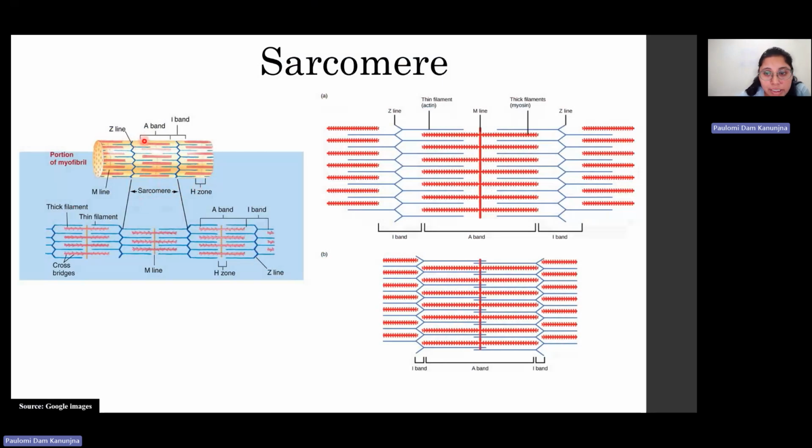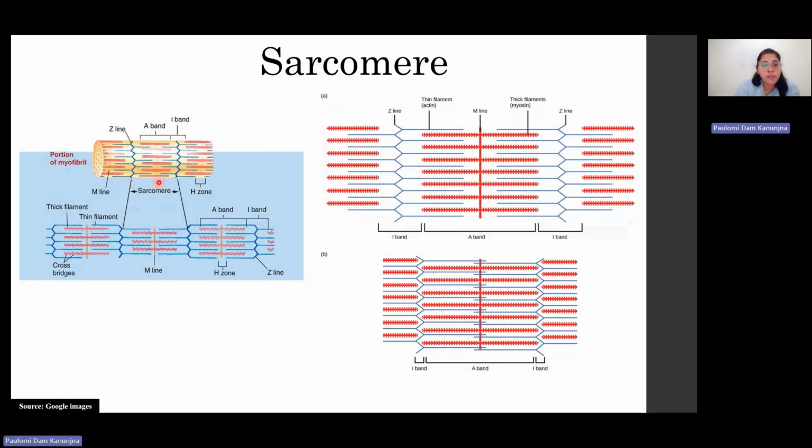And the red filaments that you see here are the thick filaments. These are called the myosin. So you have myosin, actin, myosin, actin, right? Between two Z lines, you have your sarcomere. So this is your Z line, and between two Z lines, you have the sarcomere.